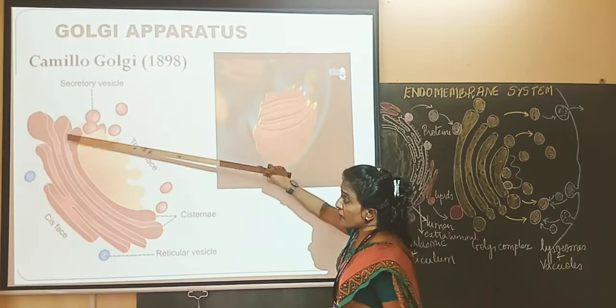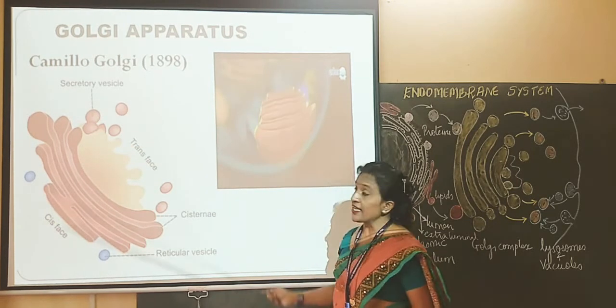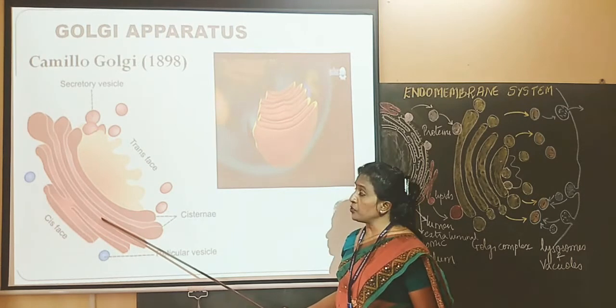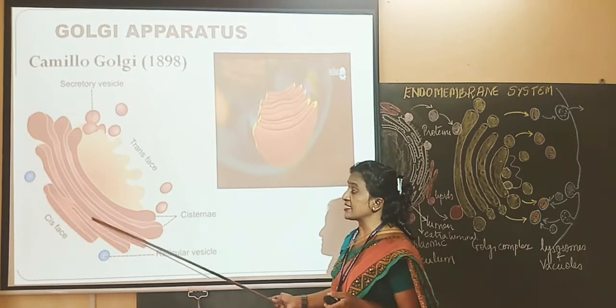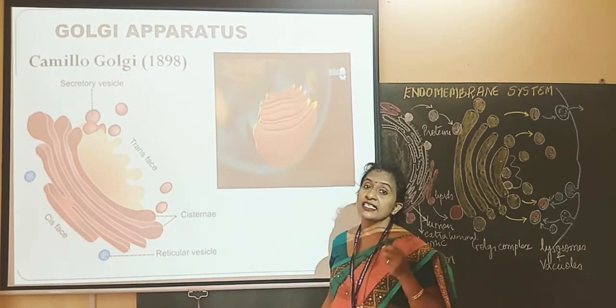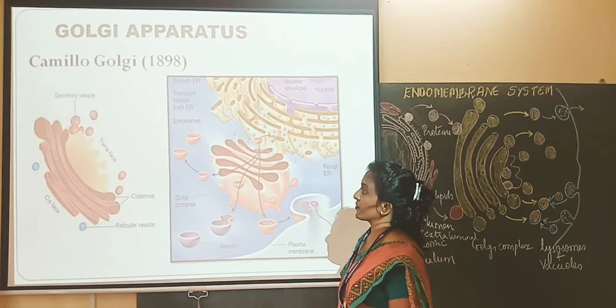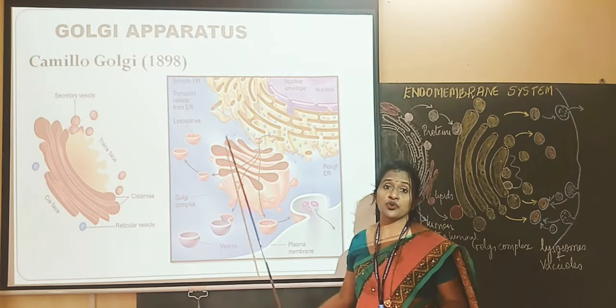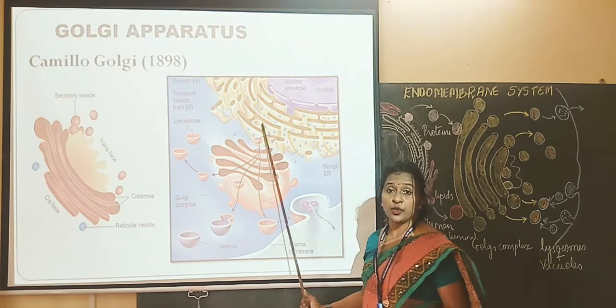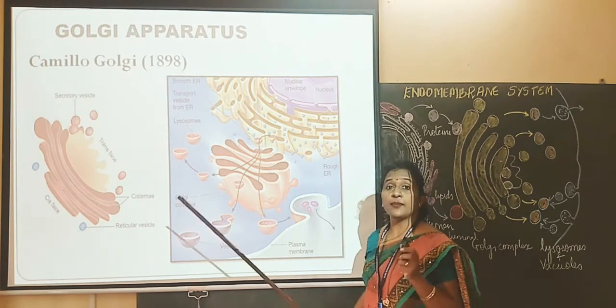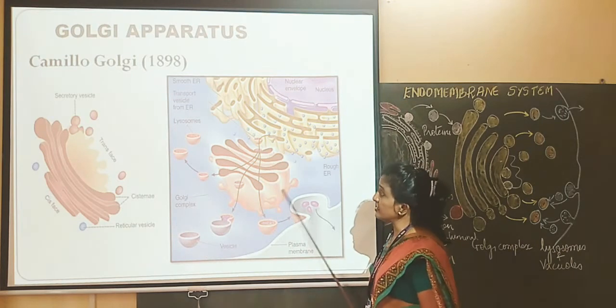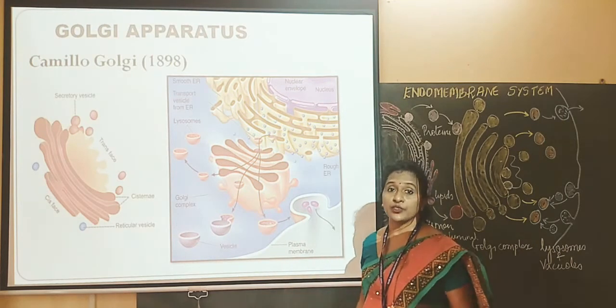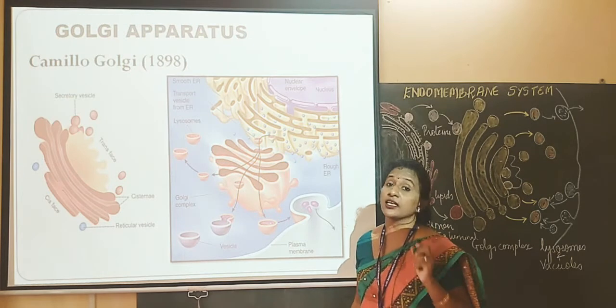So it is flat tube-like structures, a network of tubules as well as vesicles and sac-like structures called cisternae. So this Golgi apparatus is also associated with the endoplasmic reticulum and the plasma membrane and it is located throughout the cytoplasm like endoplasmic reticulum.